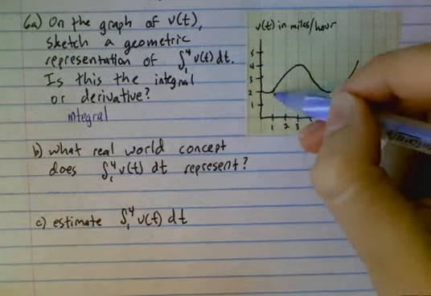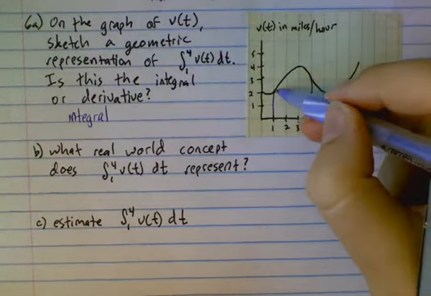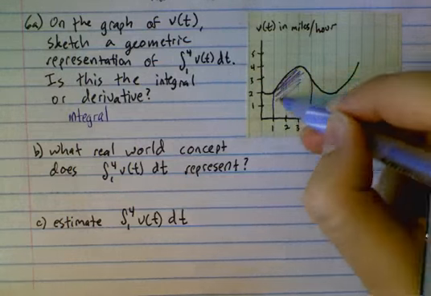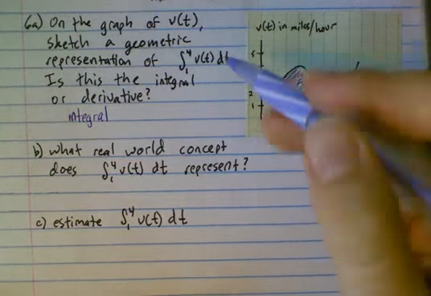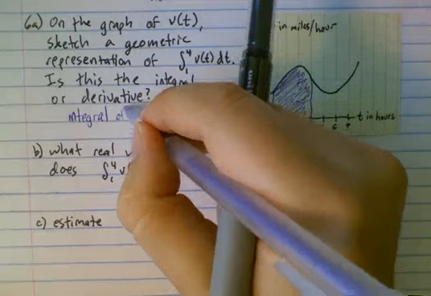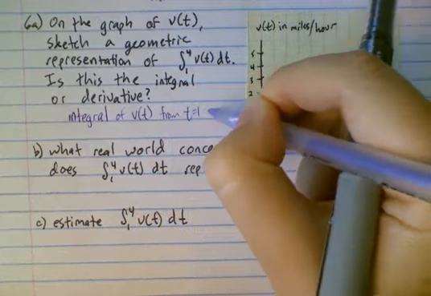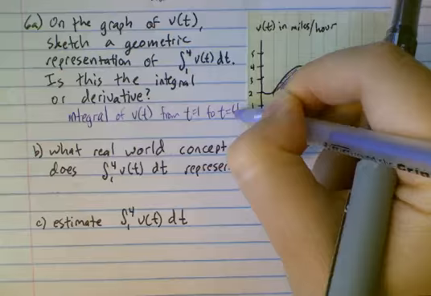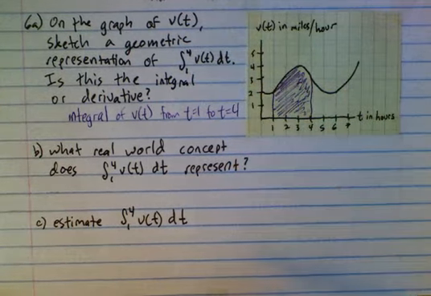They're the only two numbers we've got. So we're probably looking at the area under the curve between 1 and 4. And indeed, that's what this means. It means the integral of phi of t from t equals 1 to t equals 4. Right there, from 1 to 4.